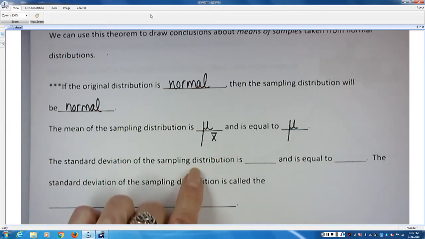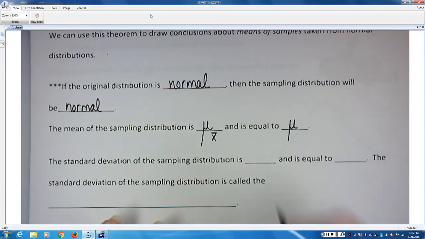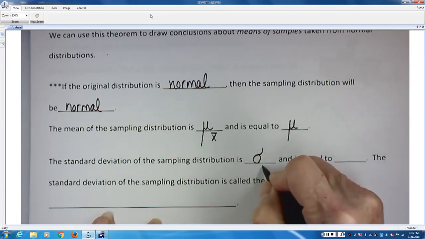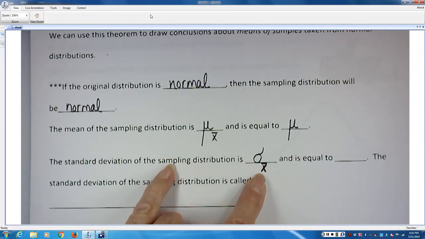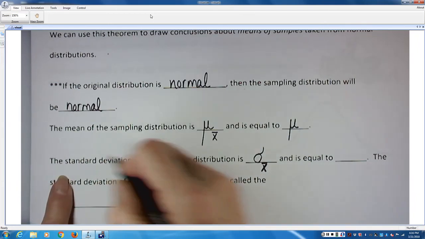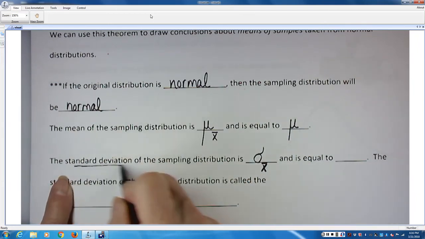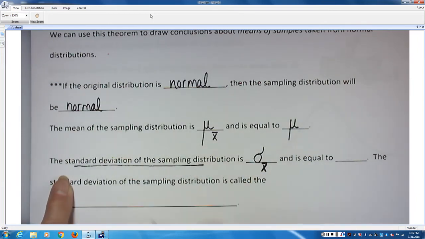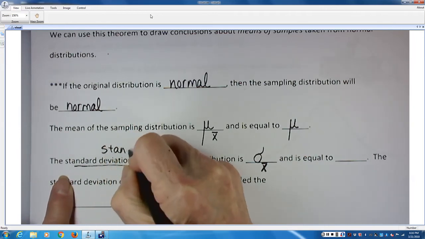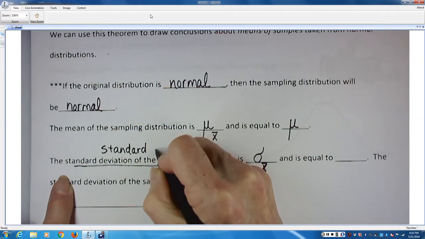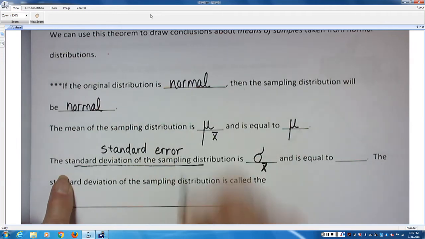The standard deviation of the sampling distribution has a symbol. It's called sigma because it's a population, and X bar because it's made up of sample means. This is what it actually is, but in order to keep us from being confused, notice that we'll also sometimes see that called the standard error.